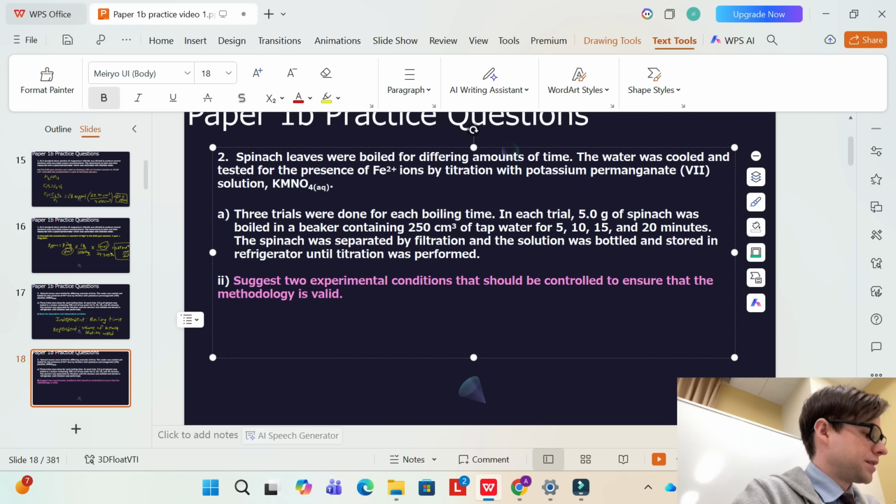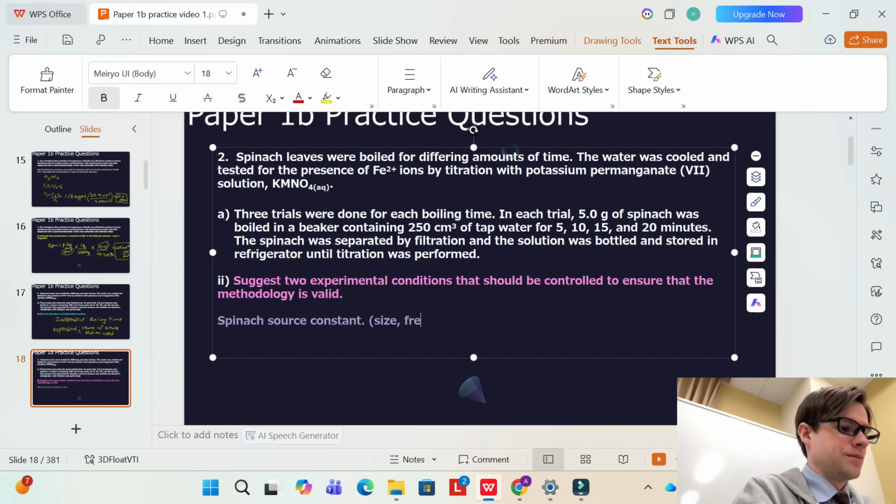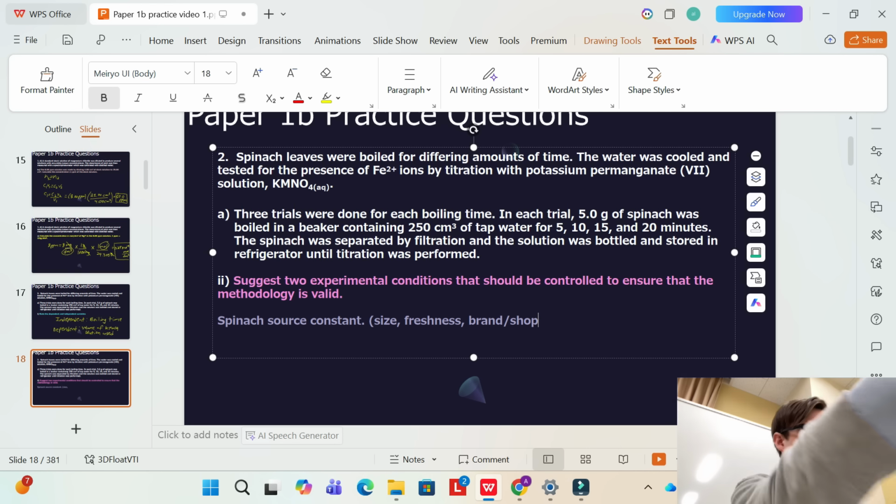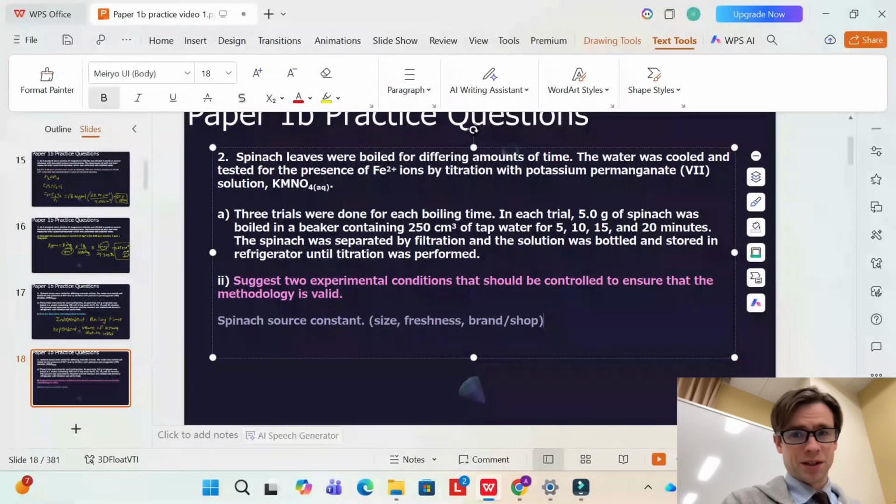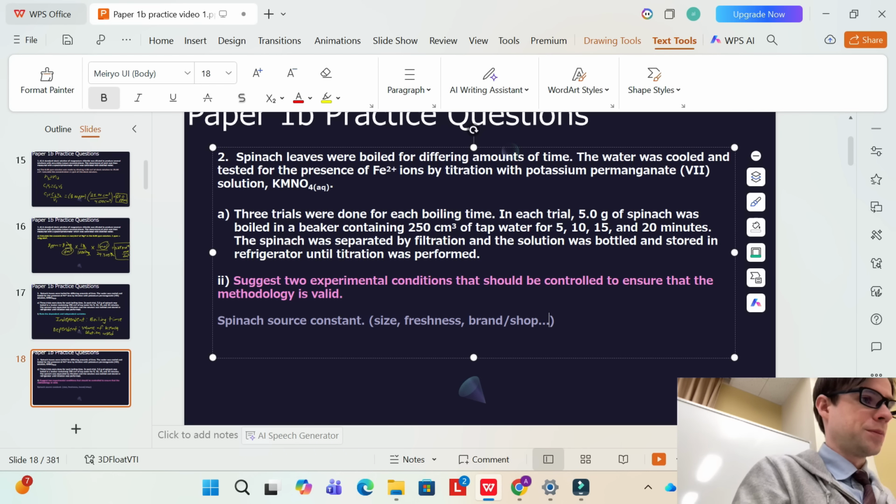So there's many things that they could do. The main one that I was thinking of is the spinach source. Needs to be kind of constant, meaning size, freshness, brand or shop that they got it from, and so on. You should try to make the spinach as similar to each other as possible, spinach leaves.